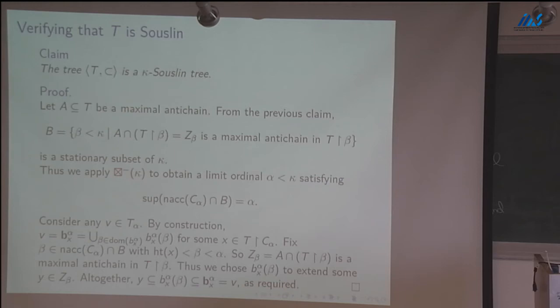So basically, we consider our point that was put in here at the alpha level. We ask, how was it put there? All of these points were constructed from some x as a limit of some chain that had begun from some x below here. So we fix the particular x, and there's our sequence b alpha x going up from x up to this point v at level alpha.